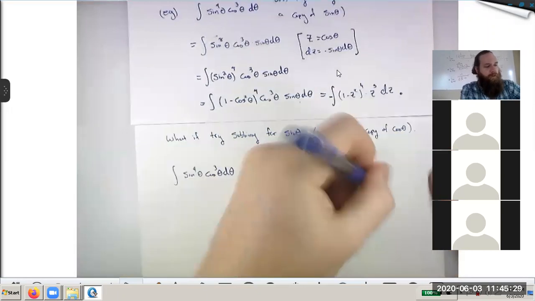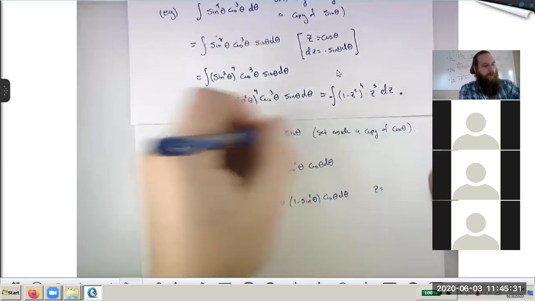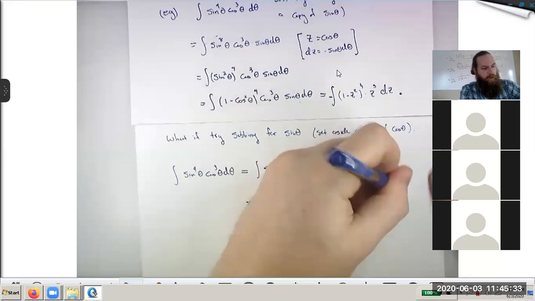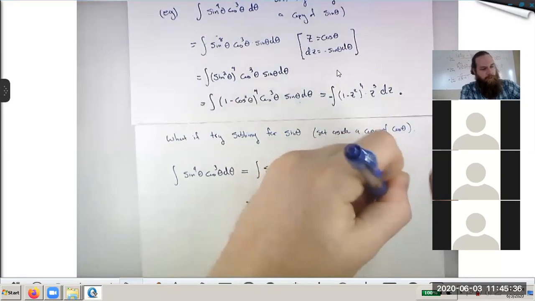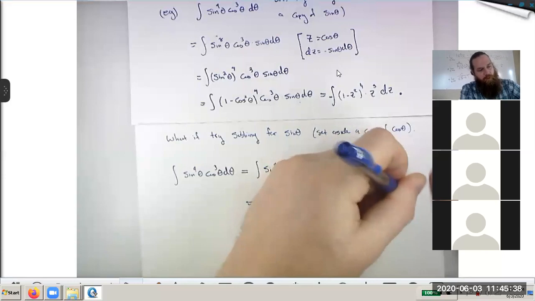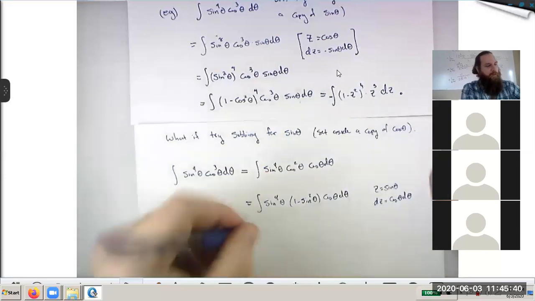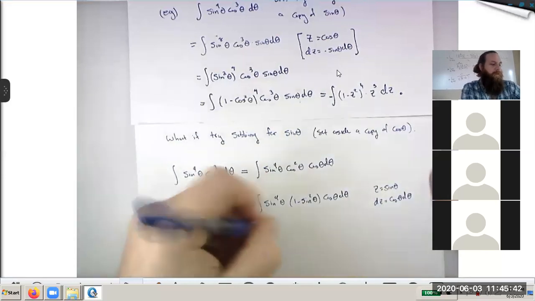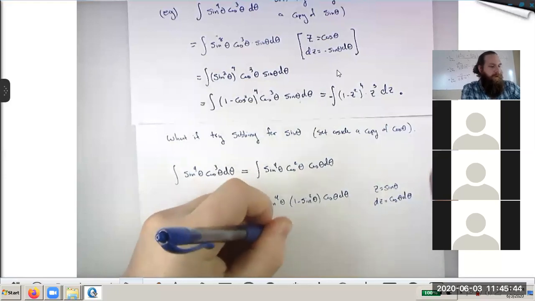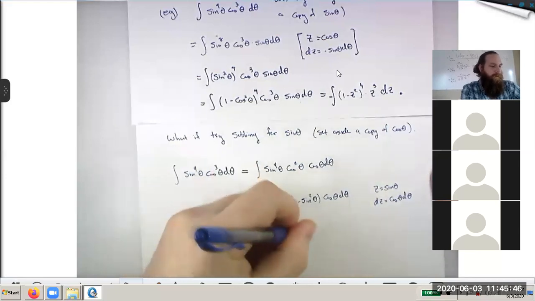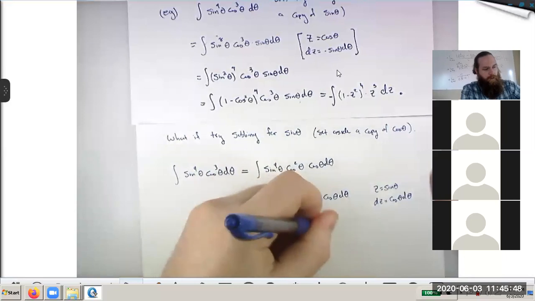And here I let z be sine theta. I was going to try to substitute for sine theta. dz is cos theta d theta. So here's my dz. And what I get out of this is the integral of z to the 9 times 1 minus z squared dz.